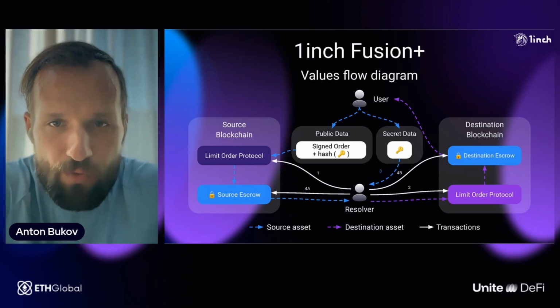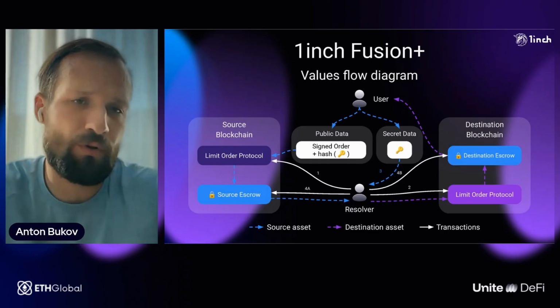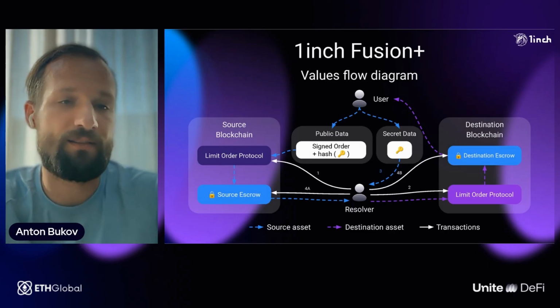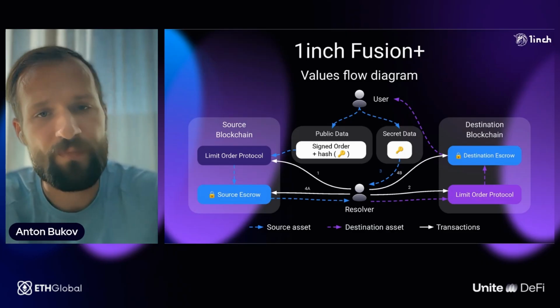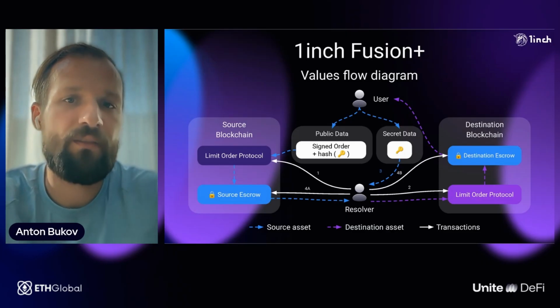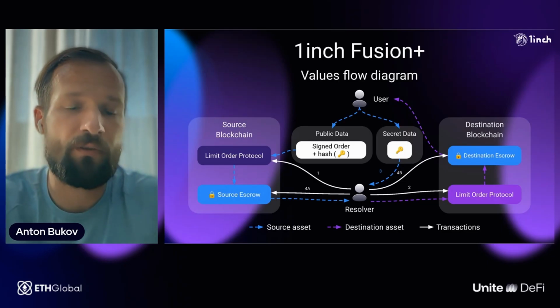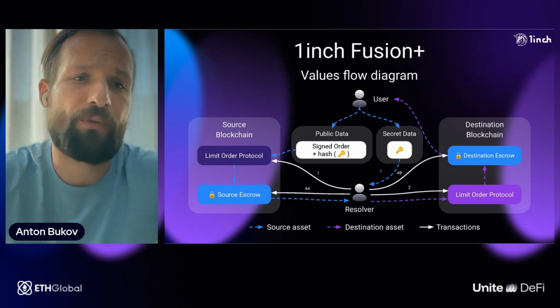Then call number 2 happens. The resolver interacts with the limit order protocol on the destination chain, and it locks destination funds, destination assets, in the destination escrow. And then the resolver is waiting for the user to reveal the secret key. You can see it's arrow number 3 here.